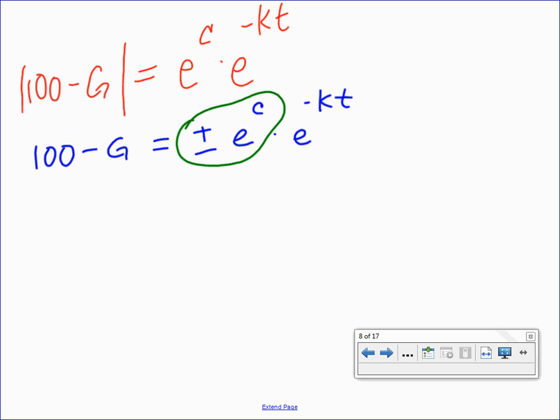So now we're going to go ahead and grab onto that plus or minus e to the c. That's some constant that we don't know, either positive or negative, and we'll call that a. Well, it's not an initial value, I would just say we'll call it a constant. And we'll go ahead and subtract over my 100.